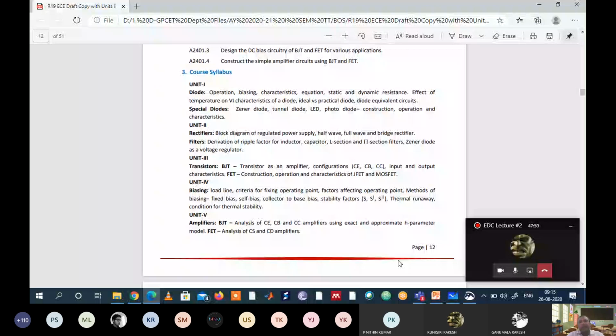Unit 2 is the application of diodes. The main application of the diode is in rectifiers. You will learn the half wave, full wave and bridge rectifiers in Unit 2, and also filters. We use filters to eliminate unwanted components. What are those unwanted components, and how are they present in electronic devices?